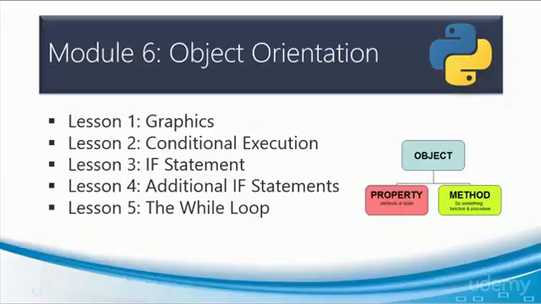So if, then, else is a basic logic that we use in the Python programming language, where we write code letting the software know that we need something done, here's our conditional logic. We'll explore the concept of if statements and additional if statements, which means they're nested within if statements, so there will be multiple if statements. And lesson 5 is the while loop. While is again wait and then loop around to do something. So module 6 is about object orientation.